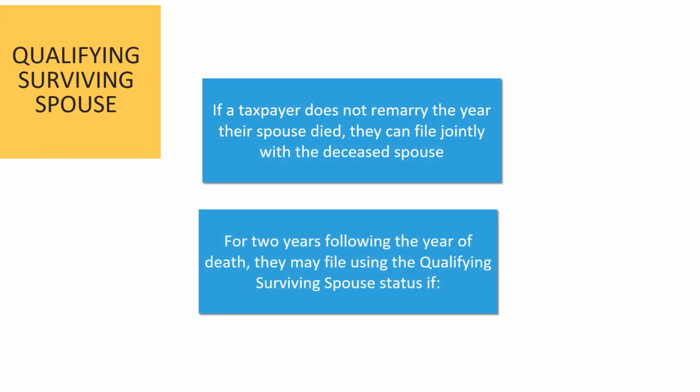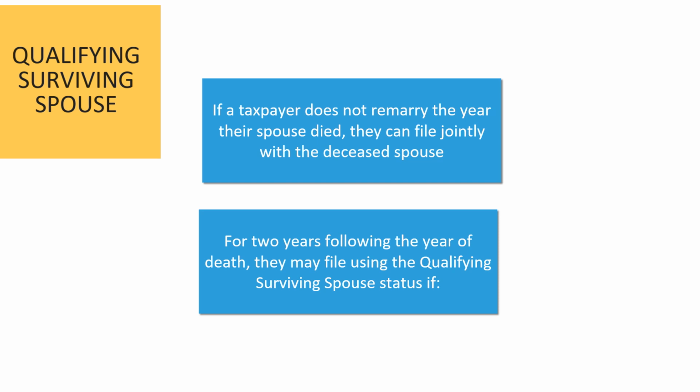Qualifying surviving spouse used to be referred to as qualifying widow or widower with a dependent child. This is a rarely used filing status. While we do see many widows at the tax sites, this filing status has a few other requirements that must be met. Taxpayers are only eligible for 2 years after the spouse dies, and they must have a dependent child.